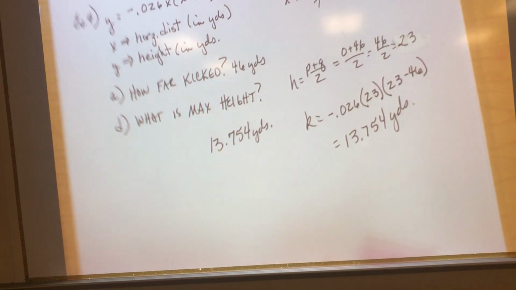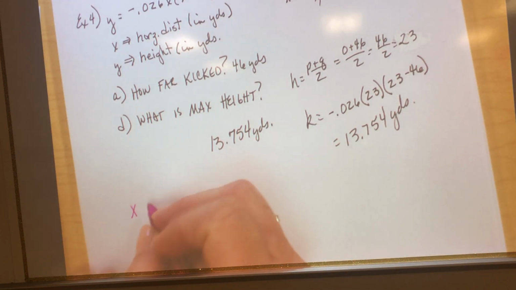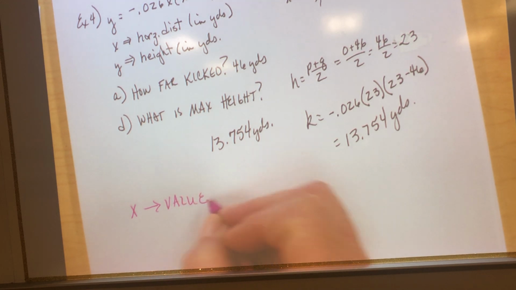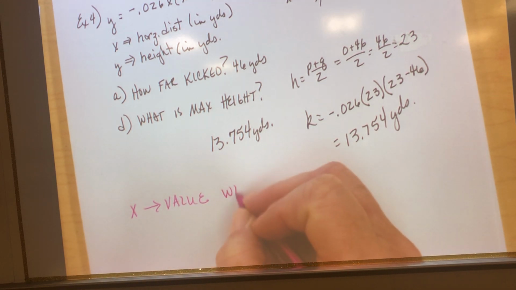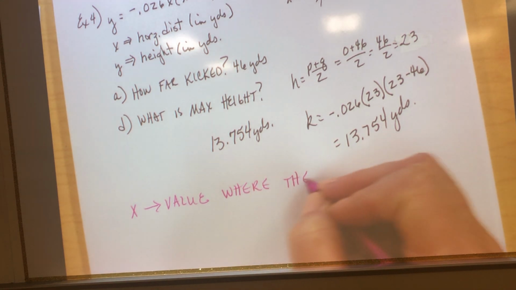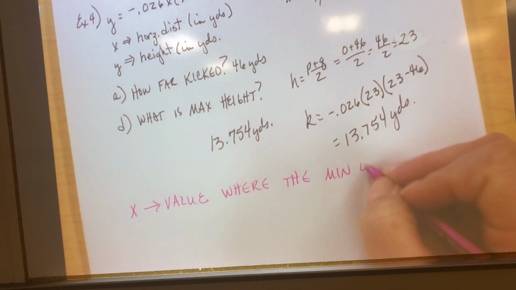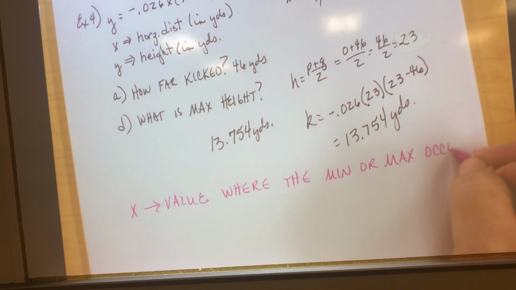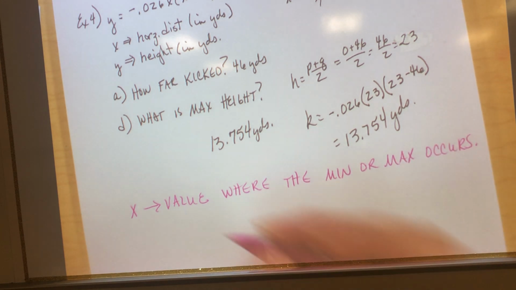All right. Something that you need to know that's very important. Write this down. X is the value where the min or max occurs. Okay?